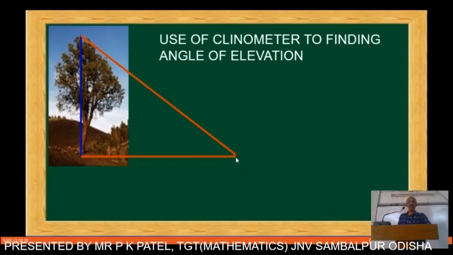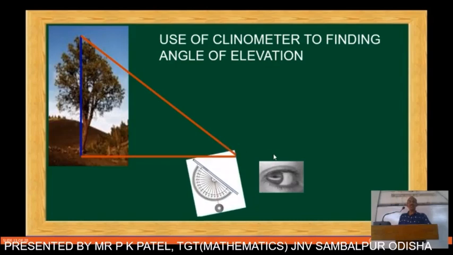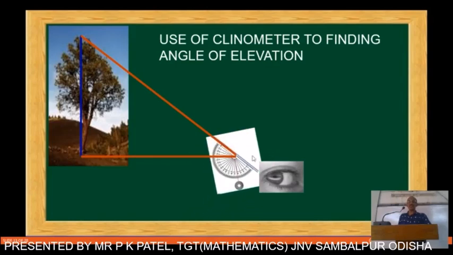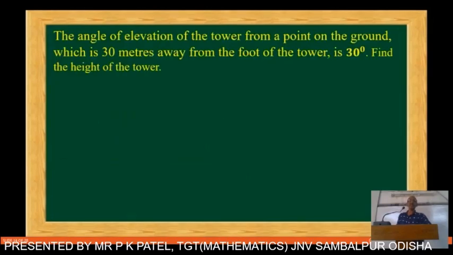Mark, one person is observing using the clinometer. He is observing the top of the tree using this clinometer, and the angle is measured here, which is 40 degrees. Like this, you can use the clinometer for measuring the angle of elevation.